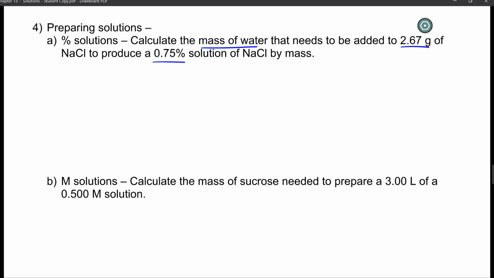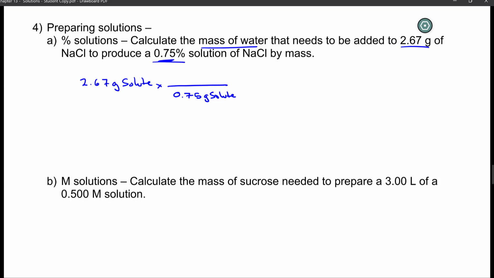But I wanted to do this on a little bit more of a practical note. So if I have 2.67 grams, this is of the solute, right? And then I can calculate the mass of the solution because 0.75% means 0.75 grams of solute. That number always represents solute in the way it's normally presented, right?